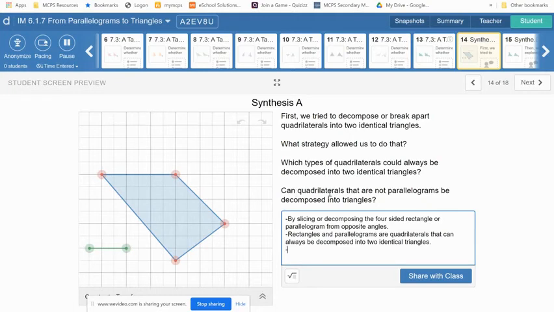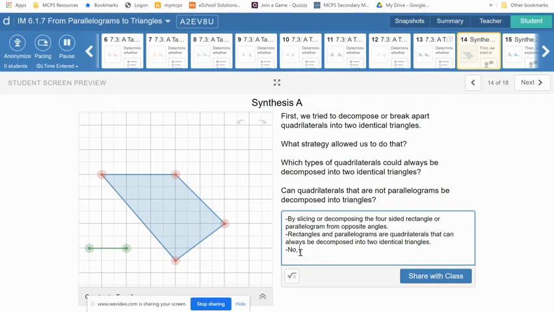And then, can quadrilaterals that are not parallelograms be decomposed into triangles? Yes. Rectangles. Oh, wait, but rectangles pretty much are parallelograms.